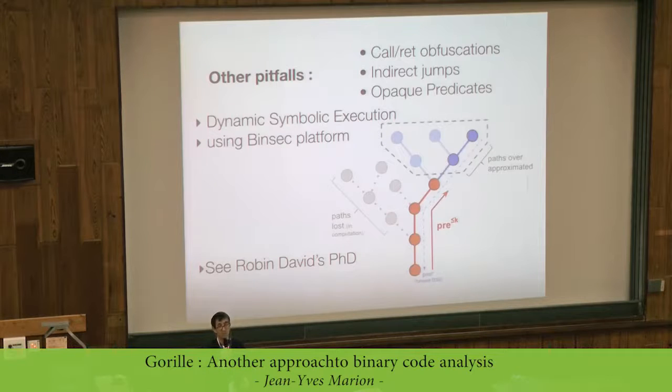Also there is the problem of when you see a return instruction: is it the one that you expected, or is the stack modified by some other instructions? You have to solve all that. One way to do that is to use dynamic symbolic execution. And we have some very nice tools developed by Robin in his PhD thesis using the BinSec platform. This is not yet integrated in Codesign, but I hope it will be very soon.